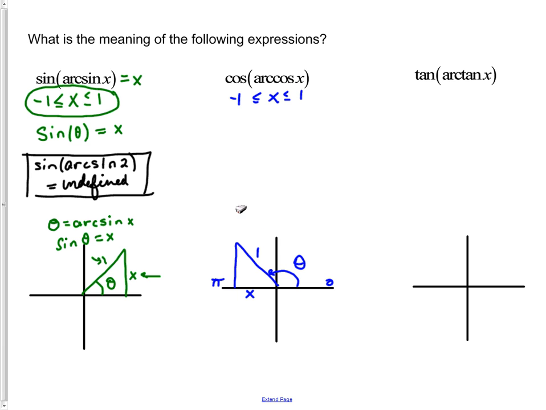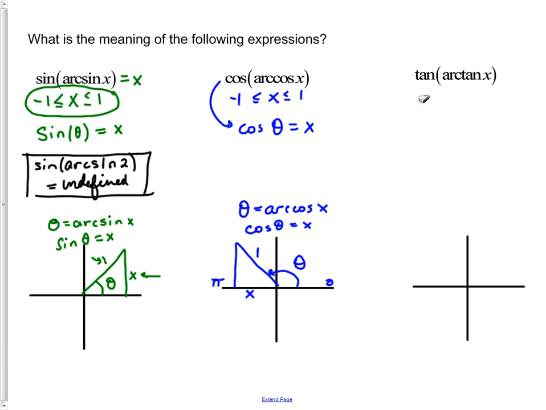And so if that's the case, if theta is the arc cosine of x, well then there's some angle theta whose cosine is x. Right? So saying the cosine of the arc cosine of x is like saying cosine of theta. And we just said it, that's x, right? As long as x is between -1 and +1, that's true.